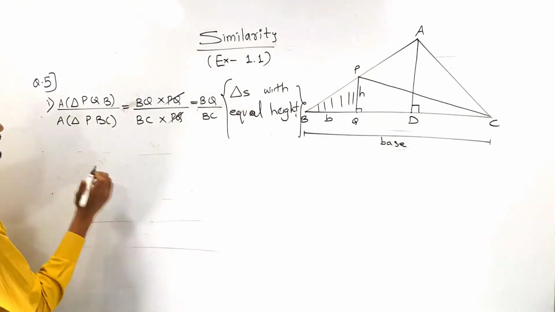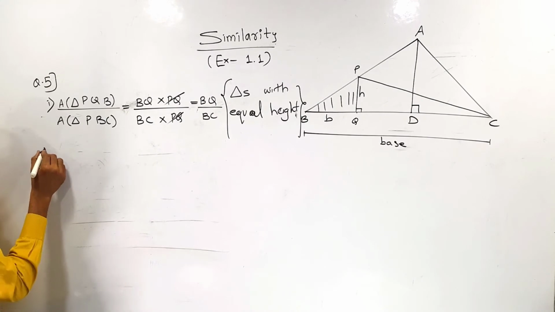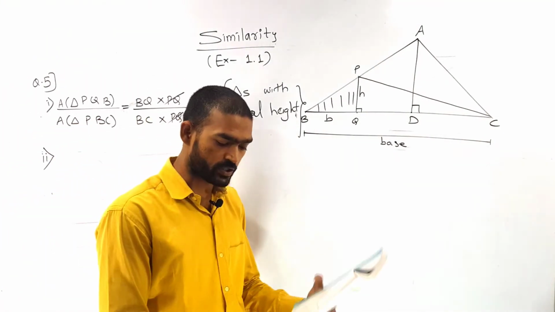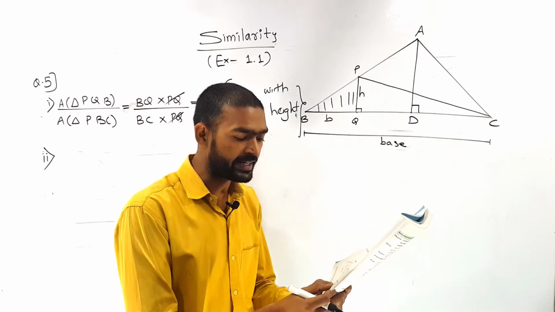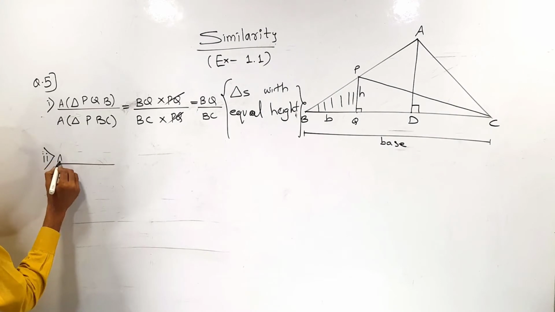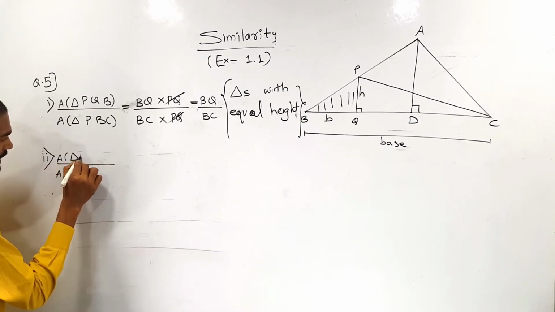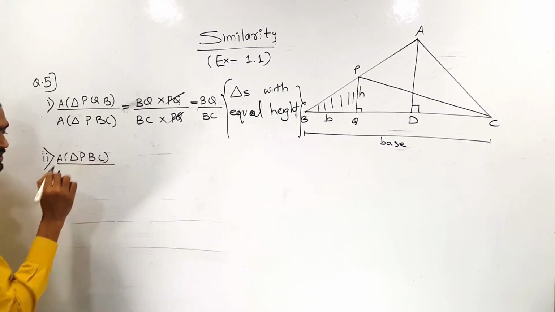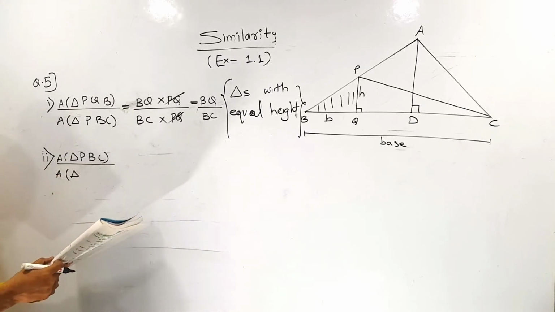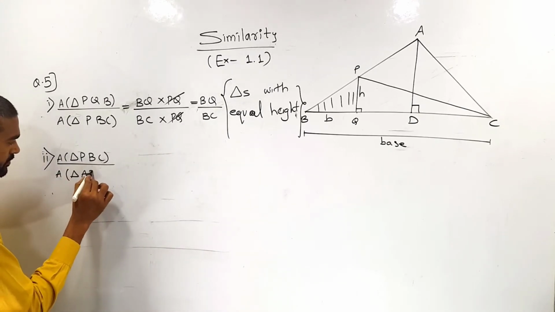Right? Now, second sub-question. Let us see the second sub-question. The ratio of area of triangle PBC upon area of triangle ABC.